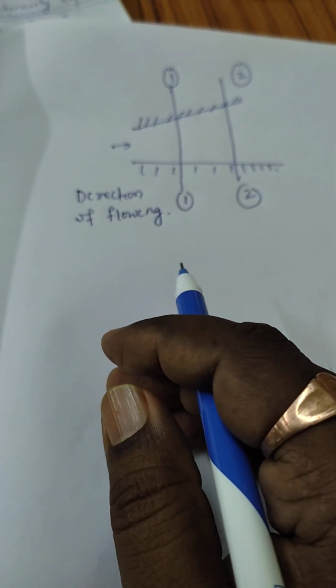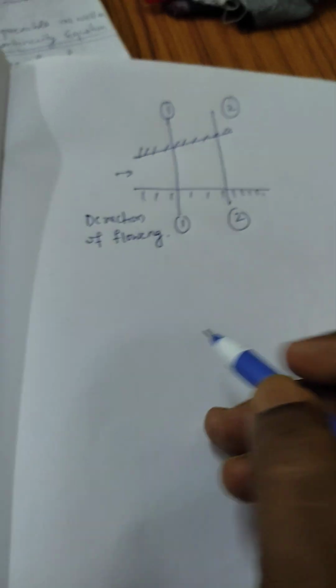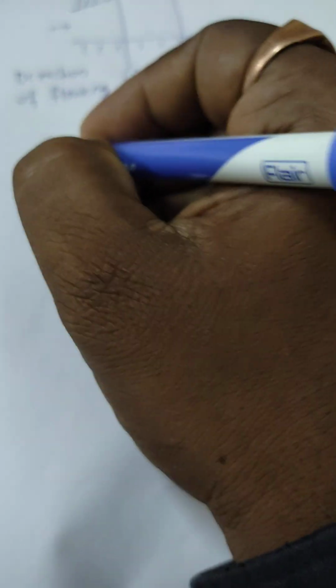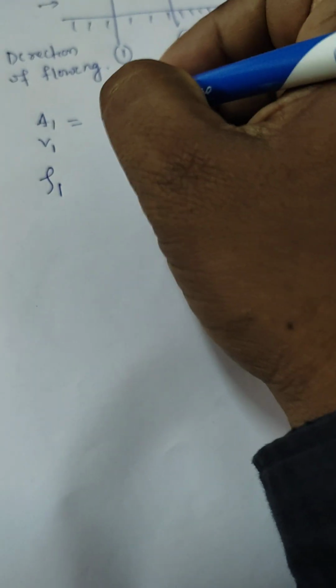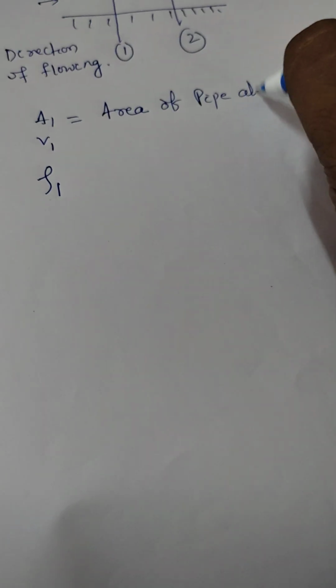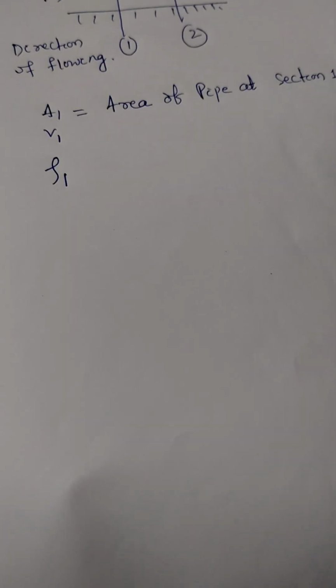Here we consider two sections, and three terms for each. One is A1, V1, rho 1. A1 equal to the area of the pipe at section 1.